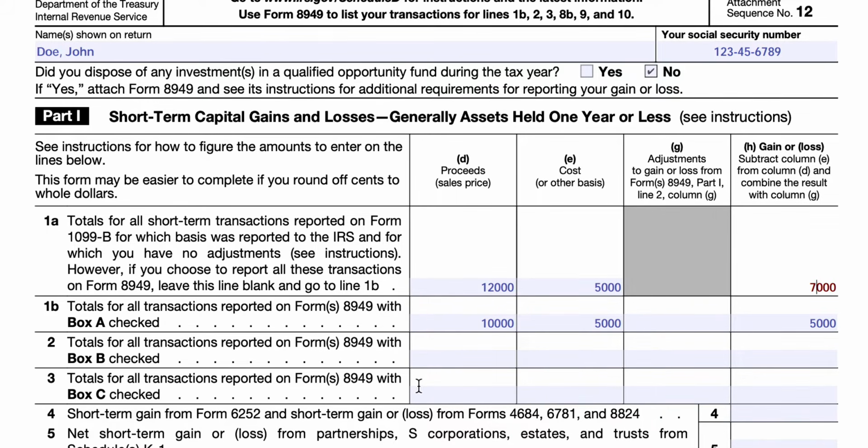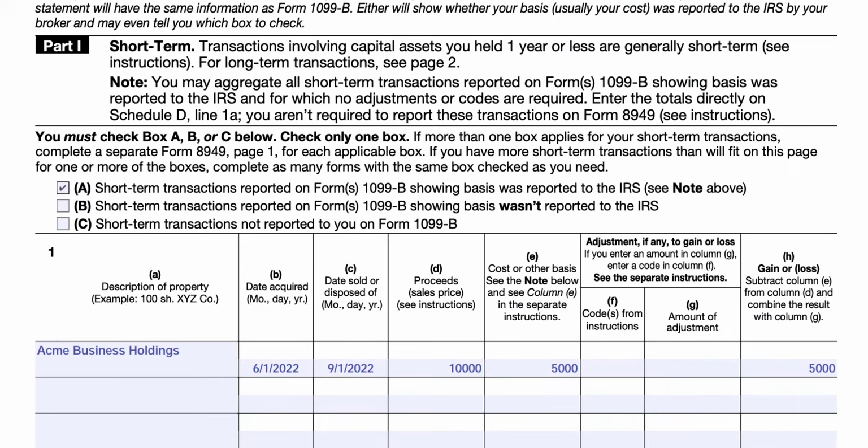So the same thing would happen with lines 2, with lines 3, but let's go back to 8949, where you would have to have a completely separate Form 8949 to document the box B transactions, basically transactions where basis was not reported to the IRS.